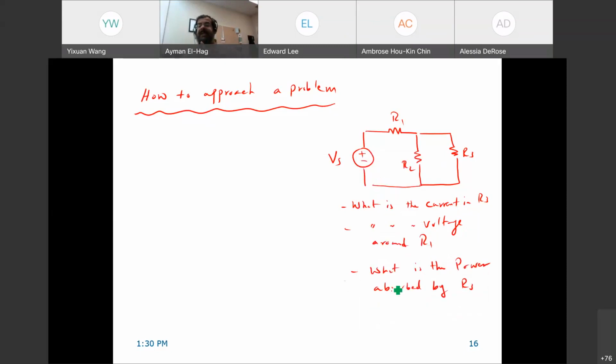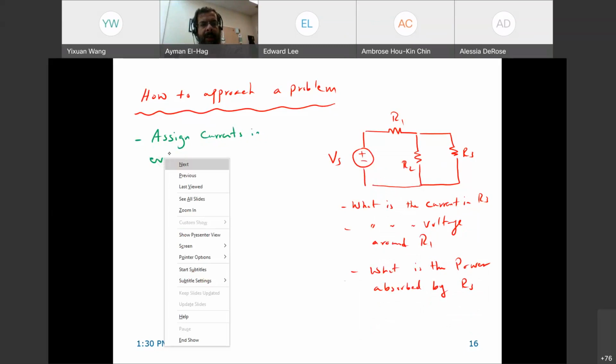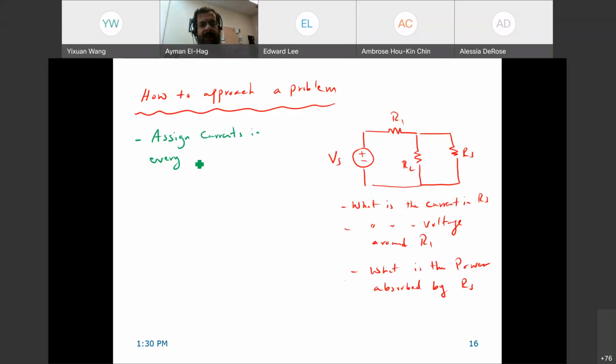So the first thing we said we will do here, number one, assign currents in every branch. So in every branch, I will assign a current. Here we'll call this I1.